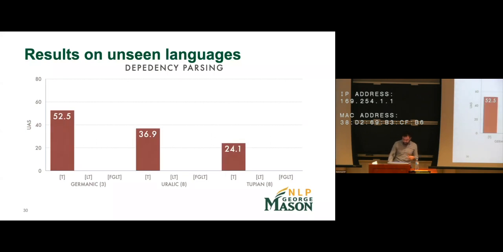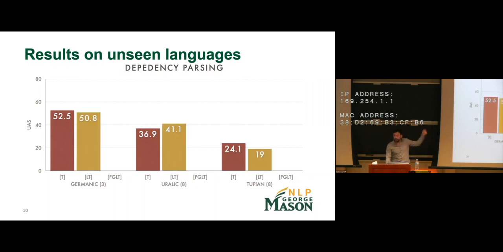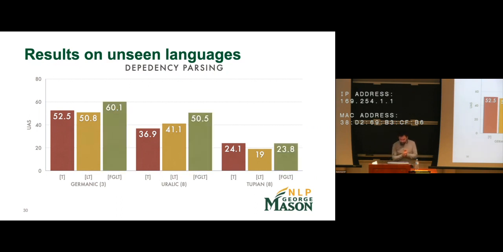So if I break this down, now you'll notice that I only had 3 Germanic languages that were not seen during pre-training, whereas I have 8 small Uralic languages that I hadn't seen during pre-training. And I am also showing you here results on Tupian, 8 Tupian languages, a family spoken throughout South America, like Paraguay, Brazil, and so on. And you'll see that now the gap is generally bigger.